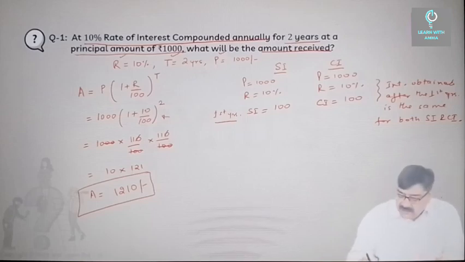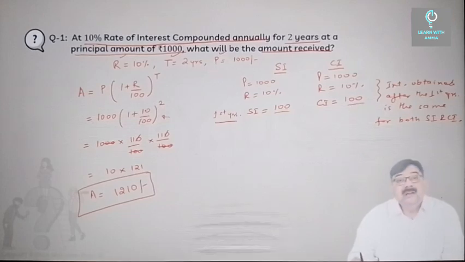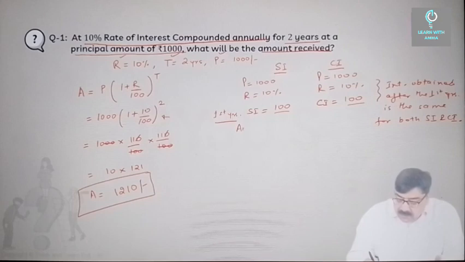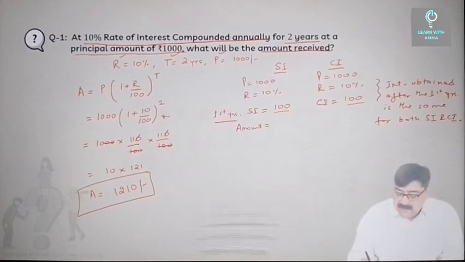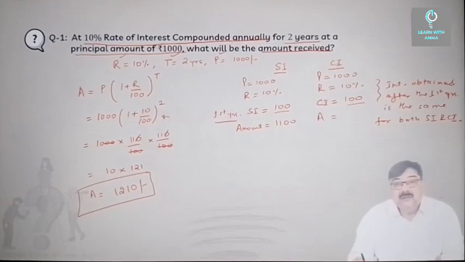So in the first year, simple interest and compound interest both are equal. Now the amount obtained after the first year is 1100 in the case of simple interest, and the amount obtained in the case of compound interest is also 1100 at the end of the first year.